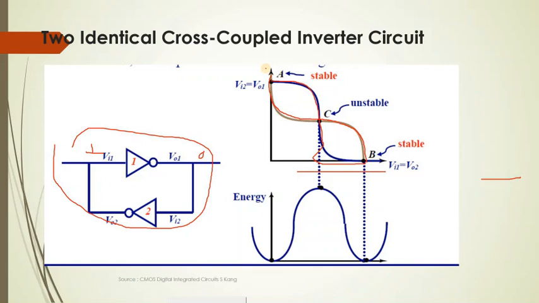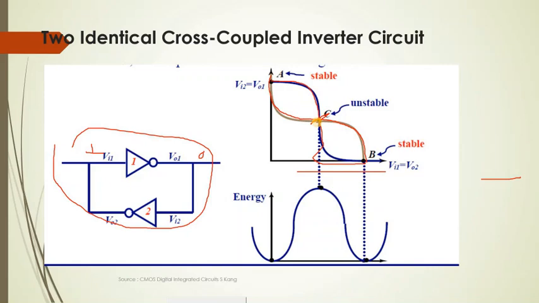So already we know that your CMOS inverter characteristic is having different regions of operation. But your region C, where both the devices are in saturated mode, what happens? Your device is having the maximum gain.